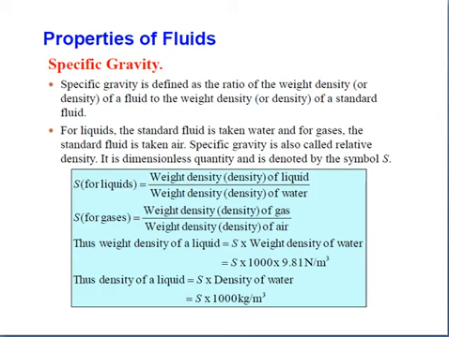Now see the definition again. Specific gravity is defined as the ratio of the weight density of the fluid to the weight density of the standard fluid. Mathematically, specific gravity for liquids is the weight density of the liquid divided by weight density of water.